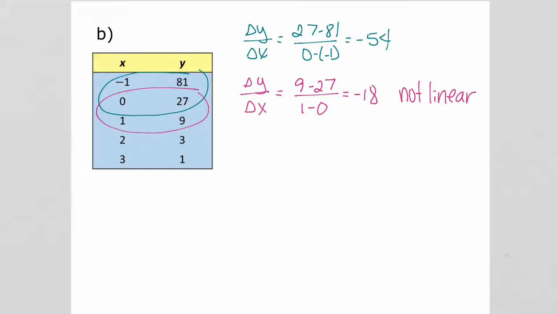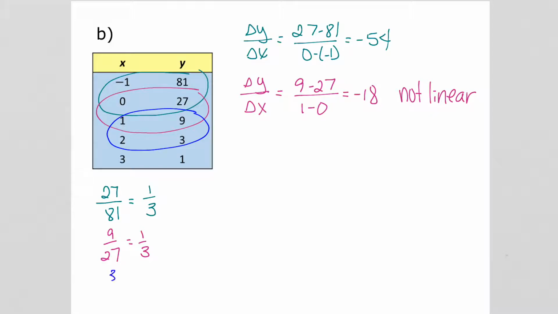To test for exponential, we take the fraction of the y values. So we're going to start with 27 over 81 in that first pair, and we get 1/3. And this only works, by the way, if our x's are going up evenly. In this case, they're going up by 1. Then if we look at the next pair, 9 over 27 is also 1/3.